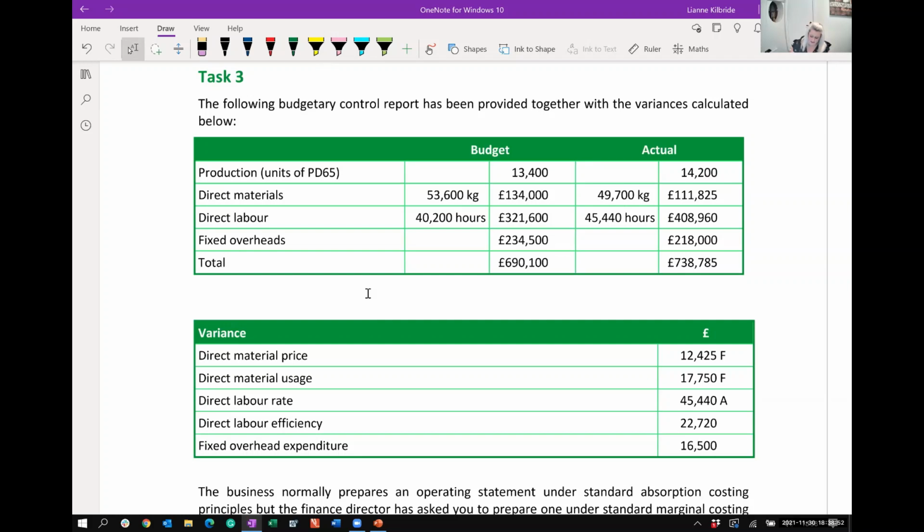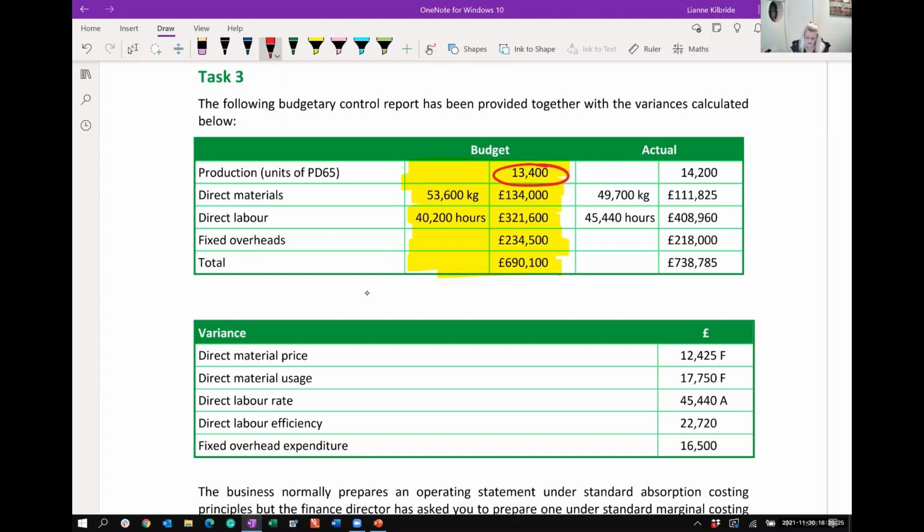So task 3 says the following budgetary control report has been provided together with the variances calculated below. In this top section is the budget that we originally set. At the beginning of the period, this is how many hours of labour we wanted to use and how much it was going to cost us, based on production of 13,400 units.